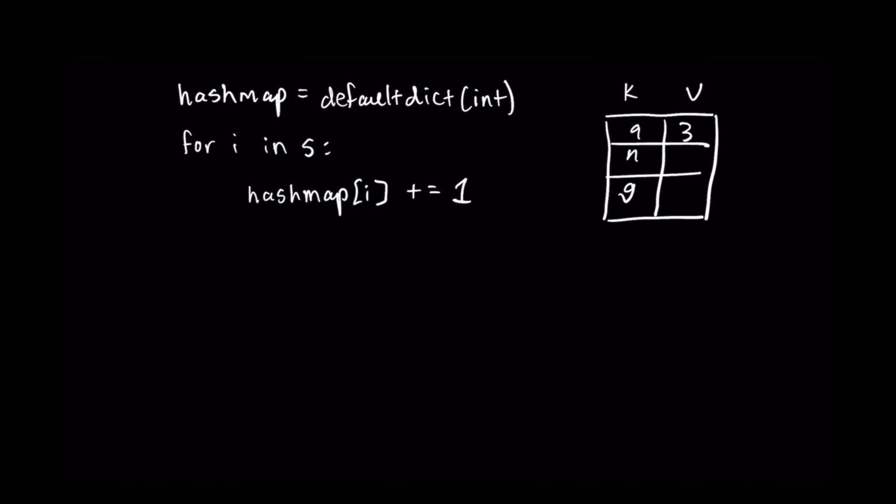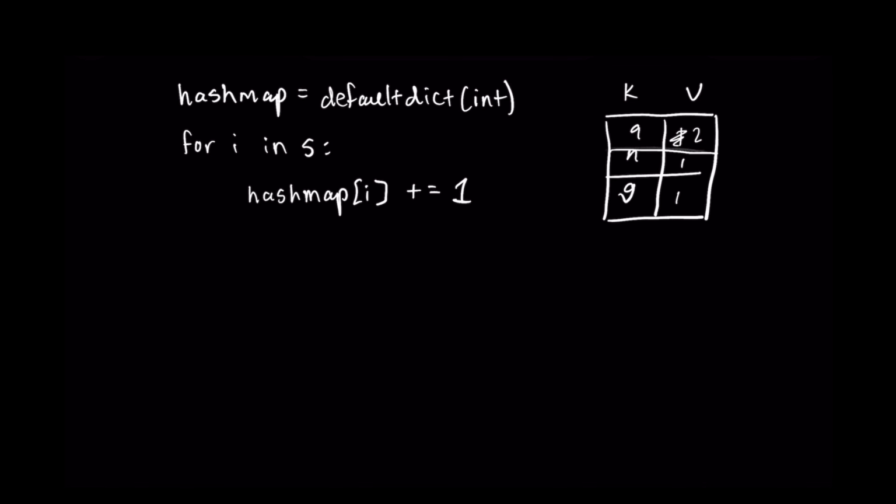So maybe it won't start at 3, it'll start at 0, but it will go up 1. And then when it gets to N, it'll go up 1. And when it gets to G, it'll go up. When it gets to A again, it'll go to 2. So now we have a for loop that's counting all the characters in S.